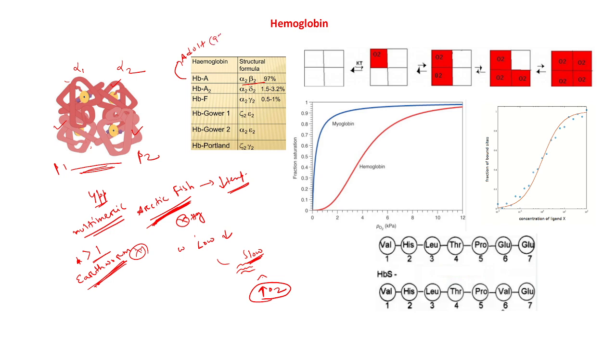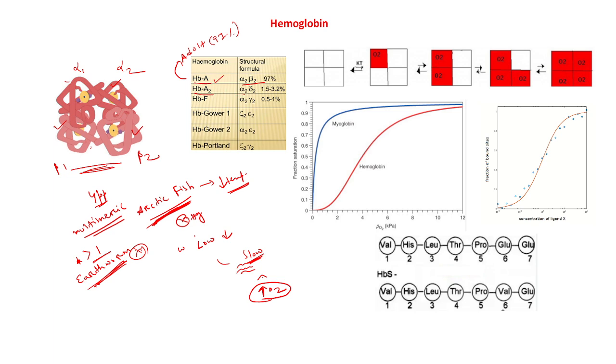In 97% of adults, the HbA group of hemoglobin is found, that means 2 alpha and 2 beta: alpha 1, alpha 2, beta 1, beta 2. That is called HbA. Another is called HbA2.